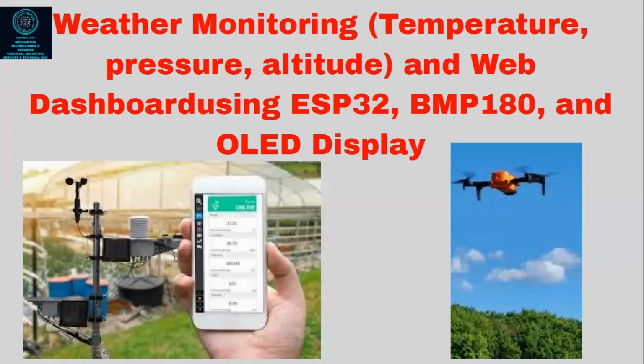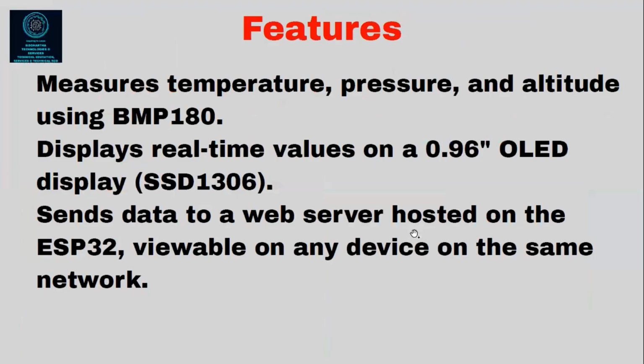So what are the features of this project? It measures temperature, pressure, and altitude using BMP180. I will show you the sensor, and you can check this in real time. It displays real-time values on a 0.96 inch OLED display, that is SSD1306.